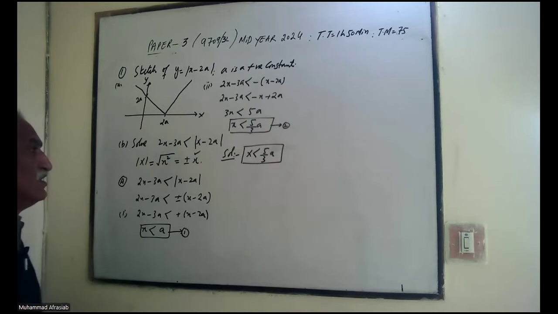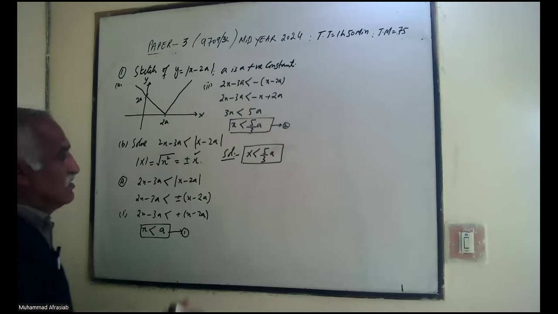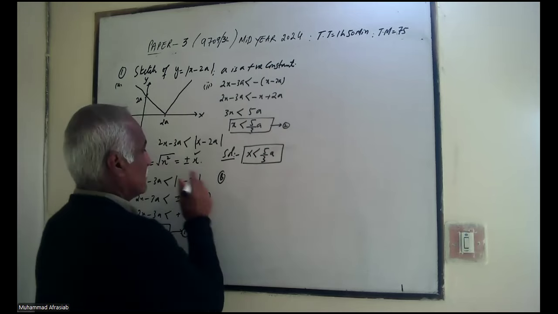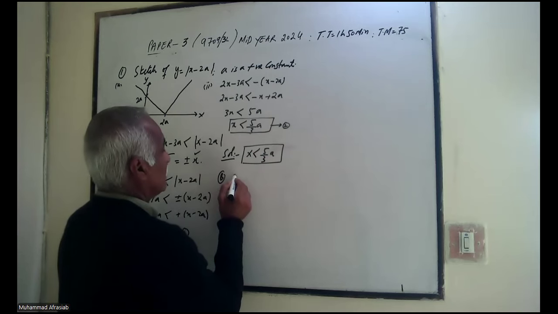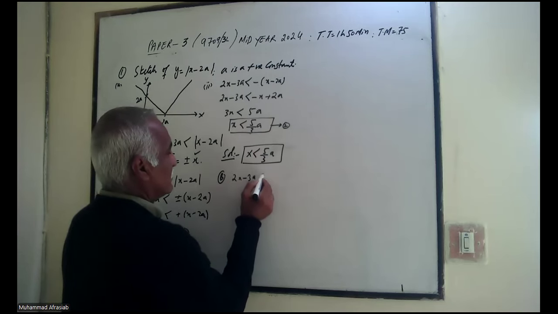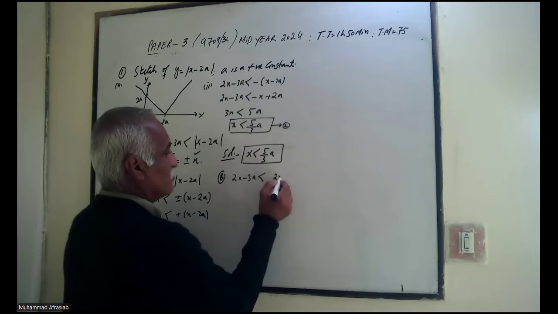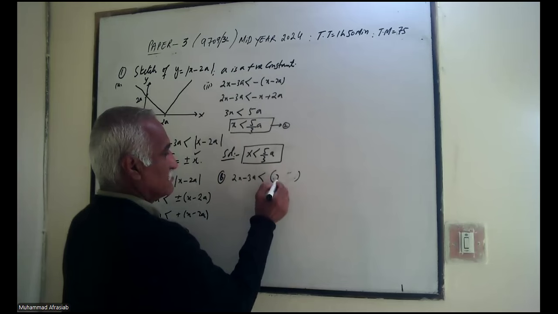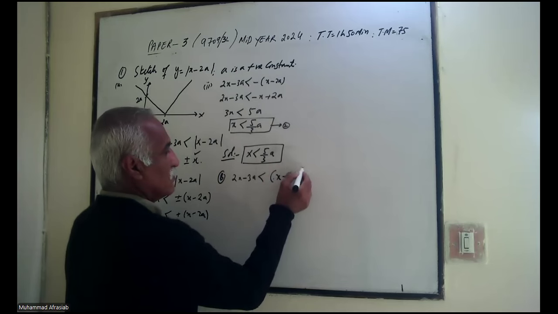Now we will confirm with the other two methods why they are rejected. The second method is the squaring method. 2x minus 3a is less than the square root of x minus 2a whole square.